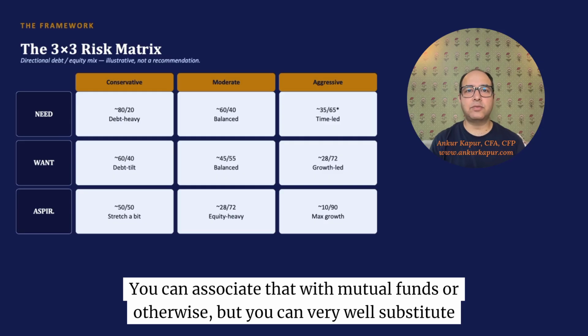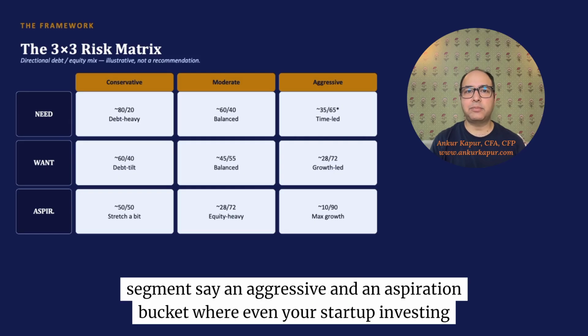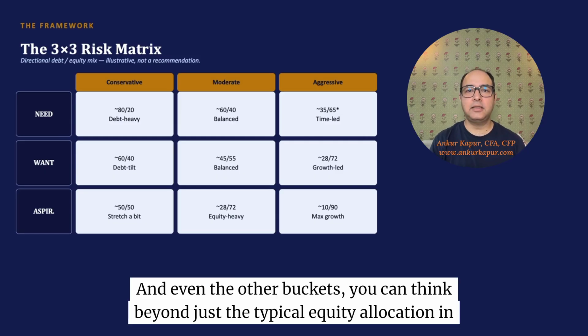Now, in all the cells, I have taken equity to be the listed equity distribution. You can associate that with mutual funds or otherwise, but you can very well substitute, in this particular segment, say, an aggressive and an aspiration bucket, where even your startup investing would come in. And even in the other buckets, you can think beyond just the typical equity allocation in the markets.